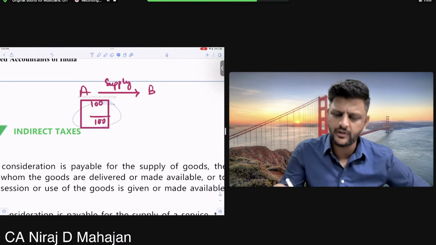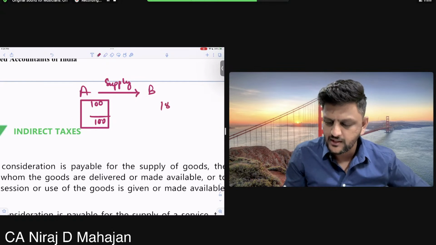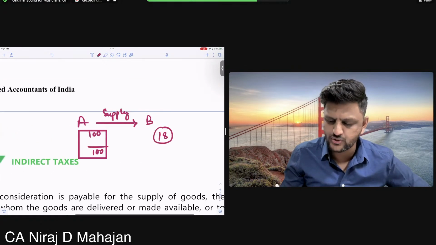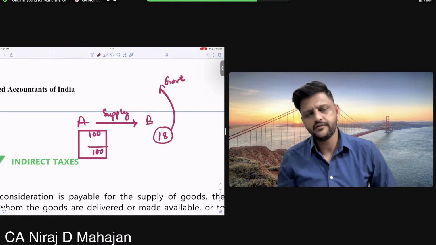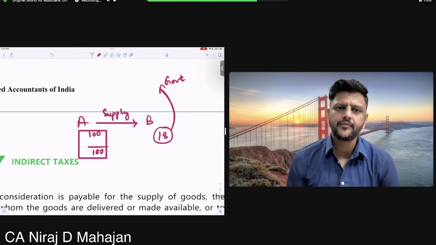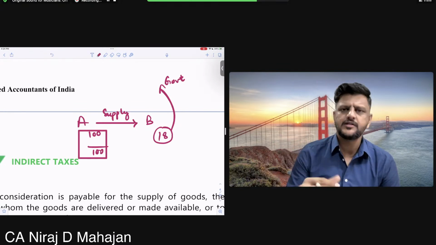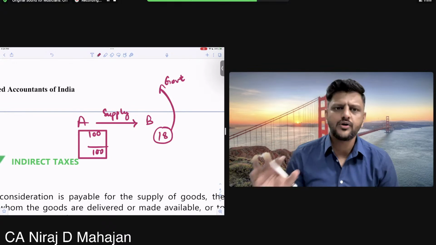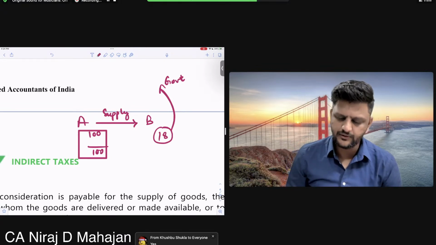That is not an issue. But when the recipient calculates and himself pays tax to the government, that tax is on reverse charge basis. These basics we had covered. So tax is collected as well as paid by the recipient directly to the government because the transaction is under reverse charge basis.